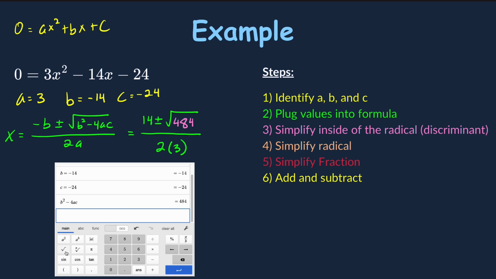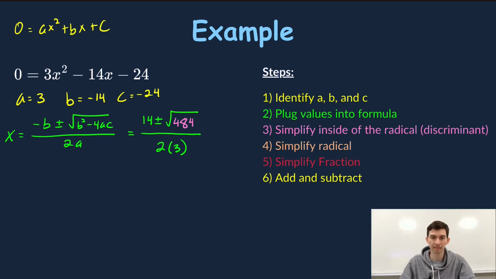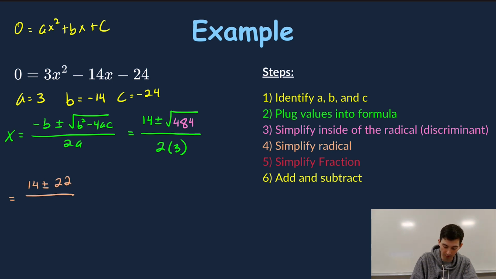Let's say the square root of 484 is 22. So it actually is a perfect square here. So I'm going to say this is equal to 14 plus and minus the square root of 484, which is 22, all over 2 times 3, which is 6.